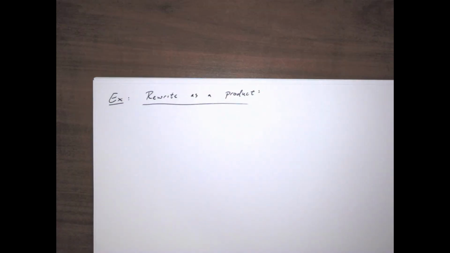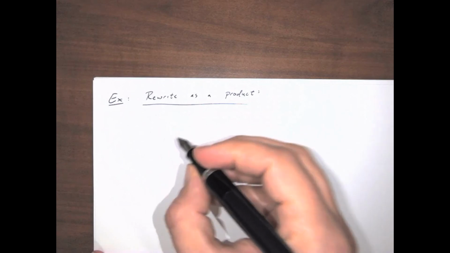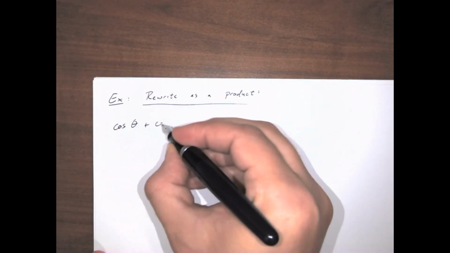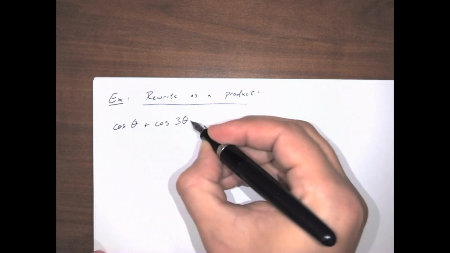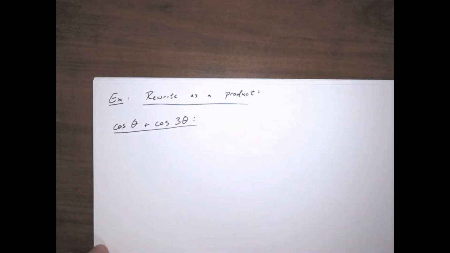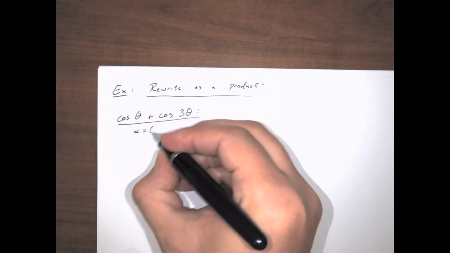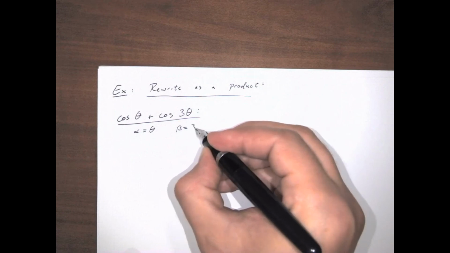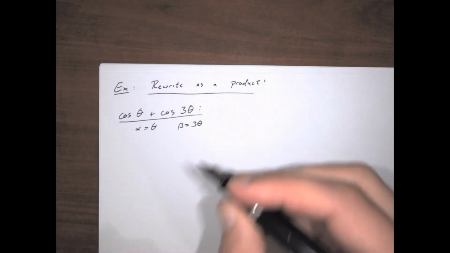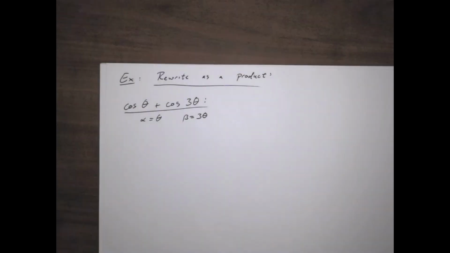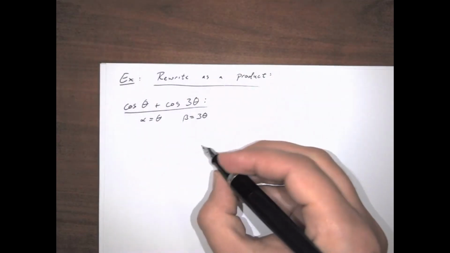And the expression that we might have would be something like, let's say, cosine theta plus cosine 3 theta. Well, once again, we just have our alpha equals theta, our beta equals 3 theta. And you just find the appropriate formula. It is cosine plus cosine.